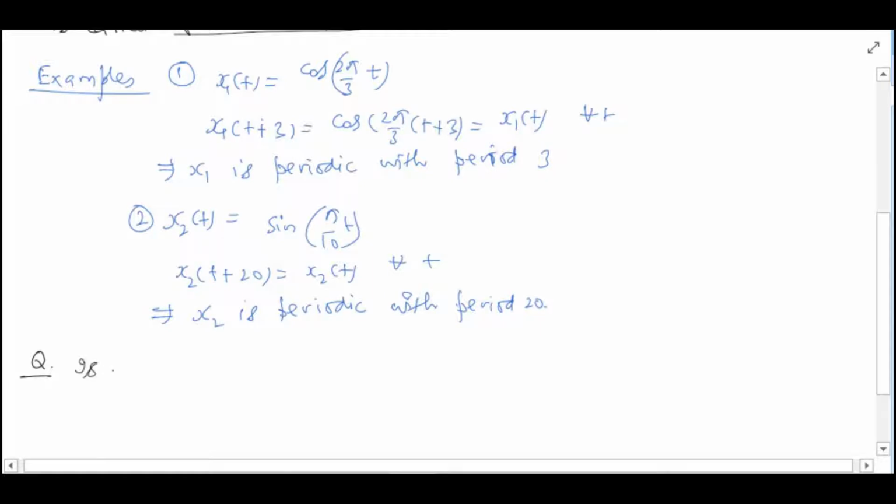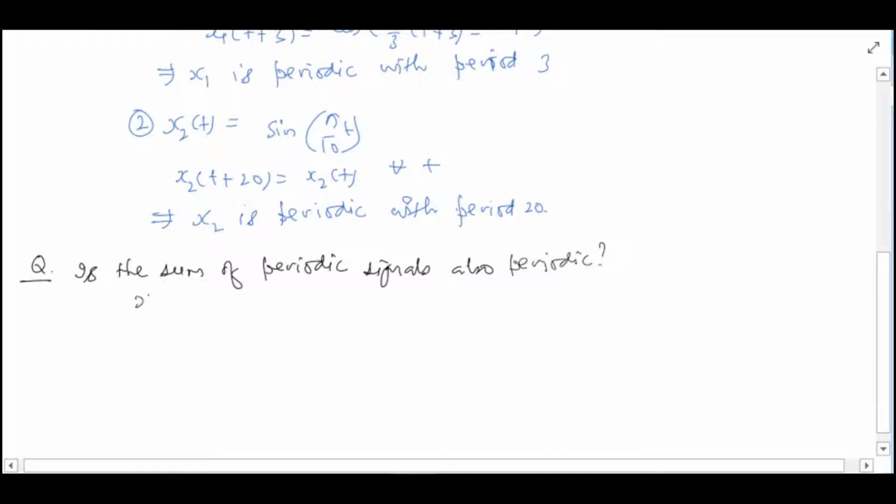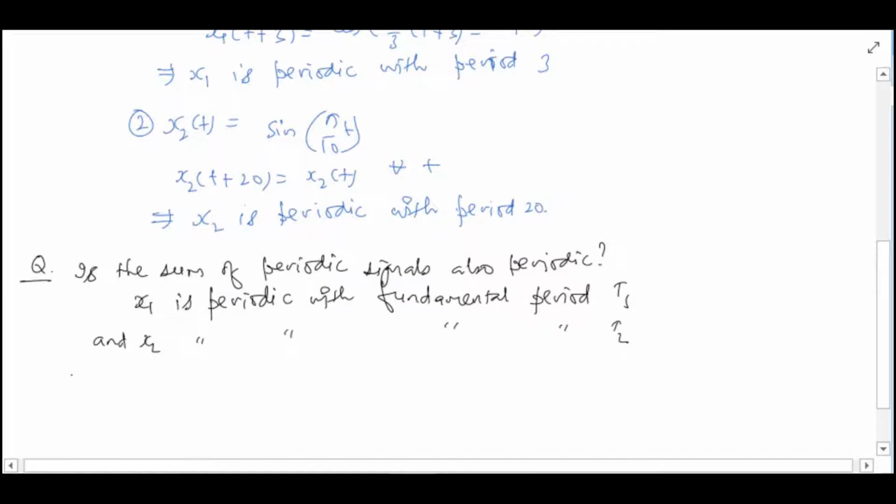More precisely, if x1 is periodic with fundamental period T1, and x2 is periodic with fundamental period T2, is x1 + x2 periodic?